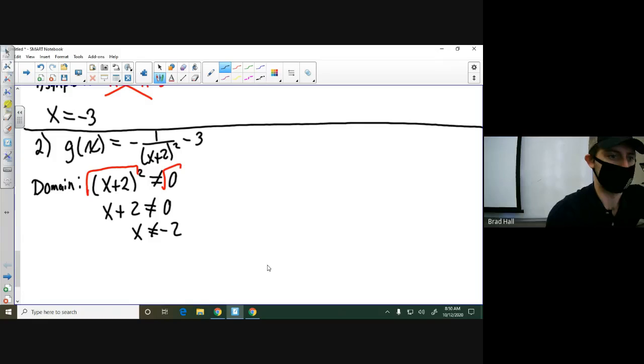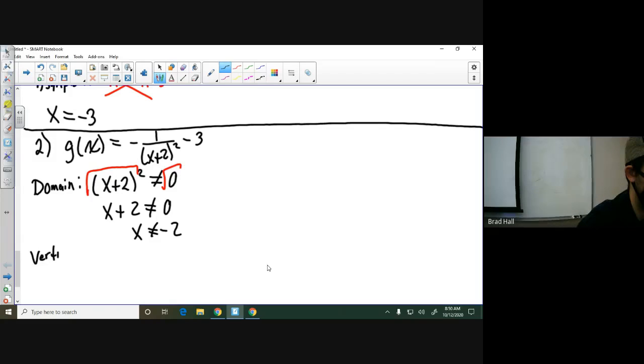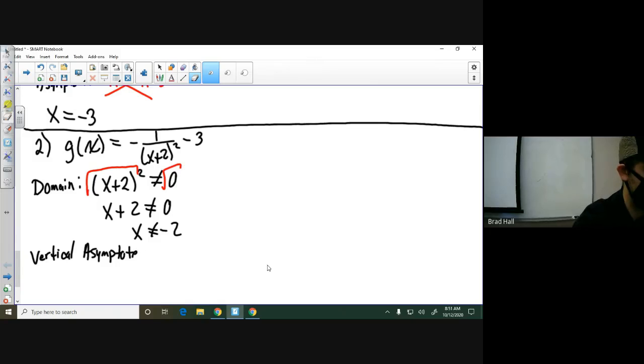In other words, we can look at this in one of two ways, but as long as we cannot cancel out the x plus 2, then this would be the vertical asymptote. So we can go ahead and knock this out real quickly.